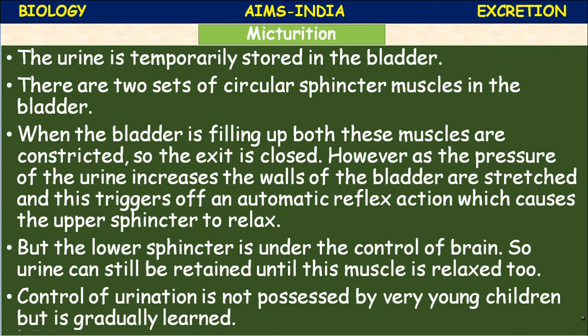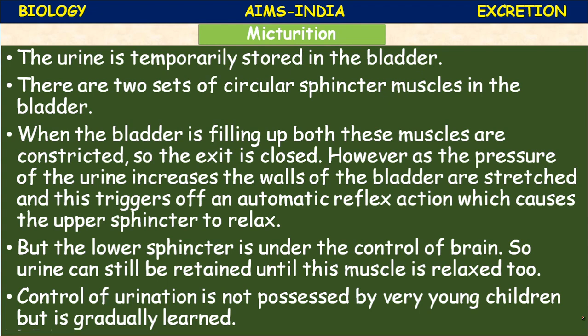The urge for micturition occurs when the urinary bladder is filled with 300 to 400 ml of urine. The stretched bladder stimulates nerve endings to develop the reflex. However, the urine can be retained in the urinary bladder till it gets filled up to a maximum capacity of 700 to 800 ml. At this time, the urge becomes painful and leads to voluntary micturition.